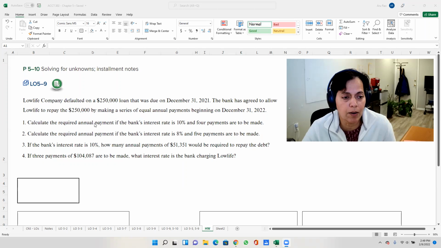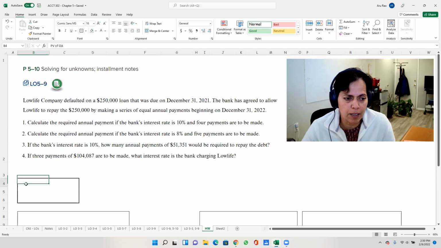The bank has agreed to let us pay this present value, what's owed now, by making a series of payments. So this is an annuity, a series of payments. It's either annuity due or ordinary annuity. The payments are going to start on December 31st, 2022, which means 1 year from today. Therefore, it's an ordinary annuity.